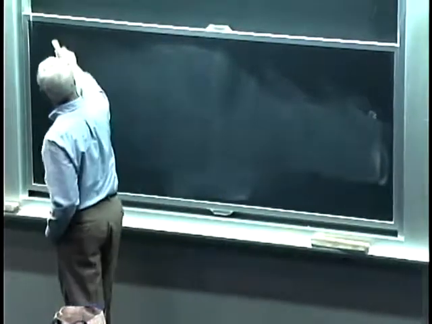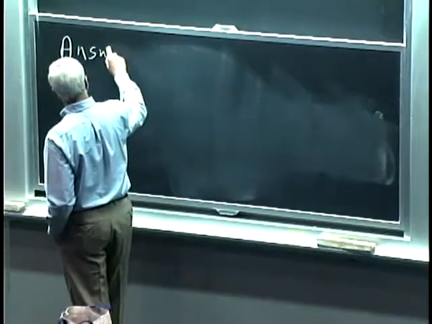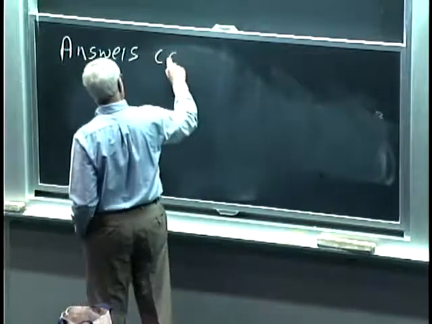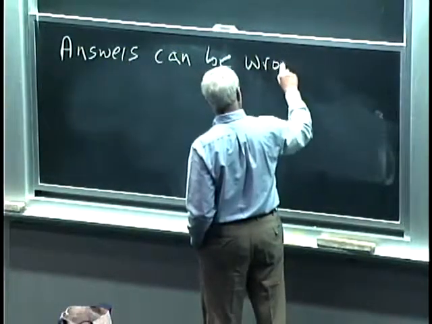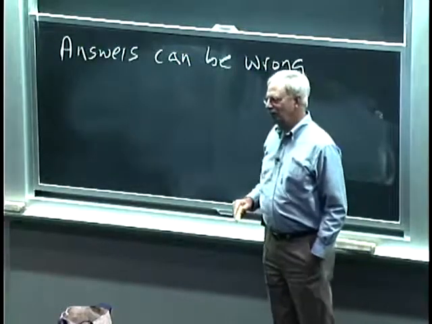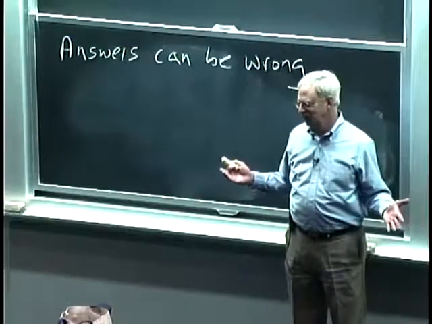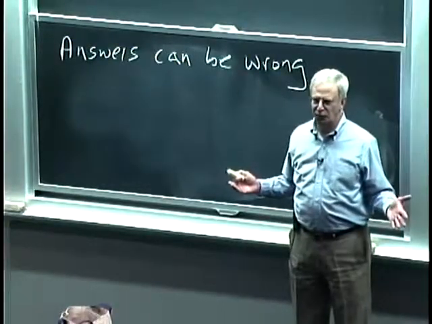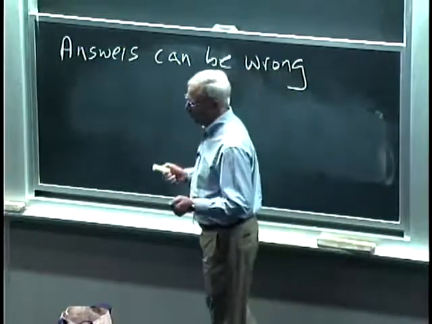Which is, answers can be wrong. People tend to think because the computer says it's so, it must be so. That the computer speaks for God, and therefore it's infallible. Or maybe it speaks for the Pope.